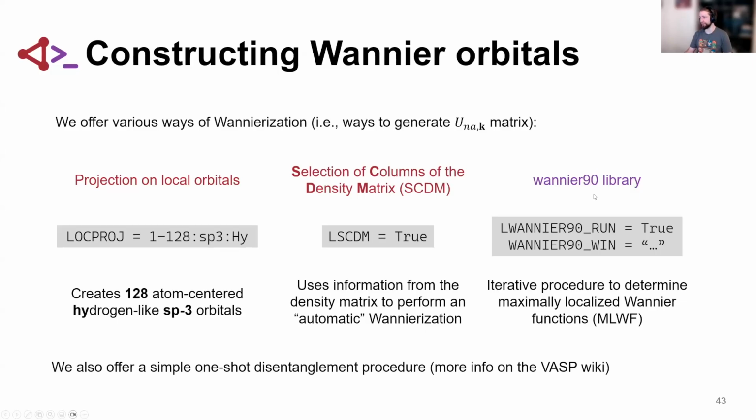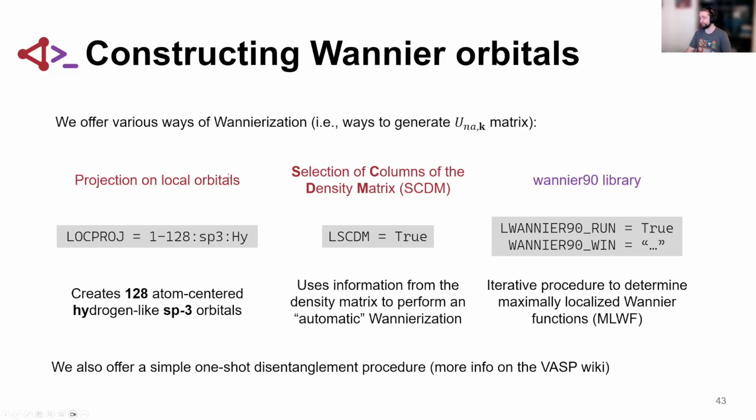And then finally, we also offer an interface with Wannier90, where you can use an iterative scheme to determine so-called maximally localized Wannier functions. So Wannier functions where the spread of the orbital is minimized using an iterative scheme.